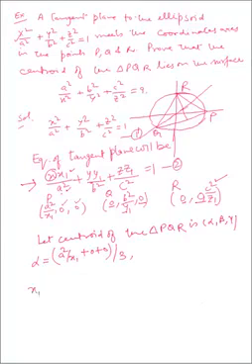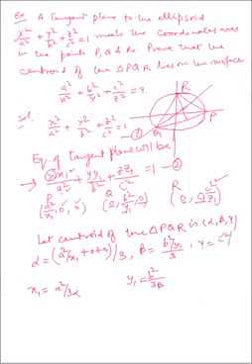x1 will be a²/(3α). Similarly, β is b²/(3y1), so y1 will be b²/(3β), and γ is c²/(3z1), so this gives z1 is equal to c²/(3γ). Now we know this point (x1, y1, z1) lies on the ellipsoid also, so it will satisfy that.